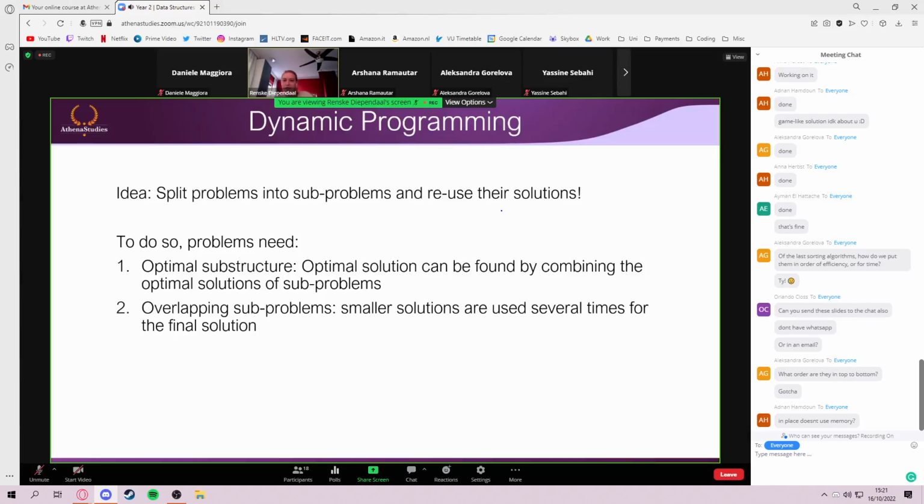To do this, your problem needs to have an optimal substructure, so the optimal solution can be found by combining the optimal solutions of subproblems. And it needs to have overlapping subproblems, so smaller solutions have to be used several times to find the final solution. If your problem only has the first point, an optimal substructure, then it's just divide and conquer. So you really need both these points.